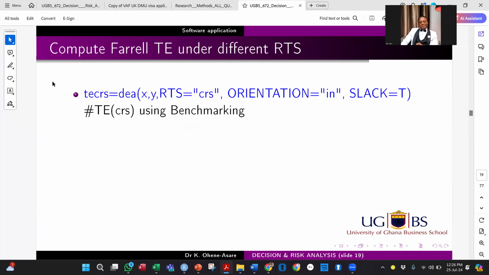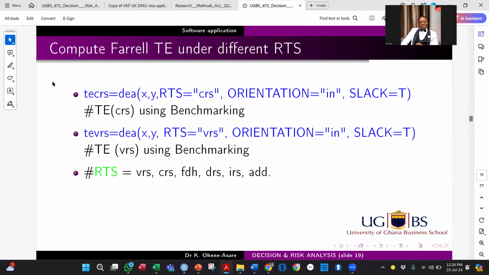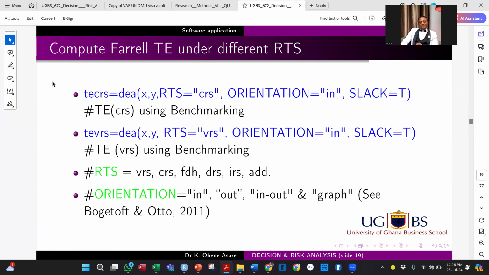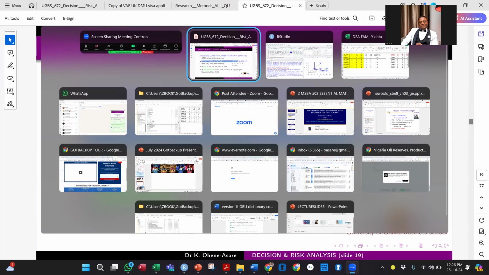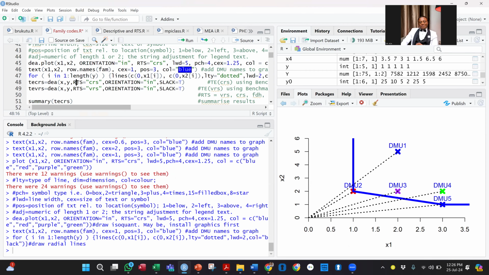And we are ready to estimate the efficiency scores, and you need this command to do it, which is in yours. So you're going to run the technical efficiency scores under CRS. Then you run the technical efficiency scores under VRS. We have that. Just go and then show those results. I will show mine here.